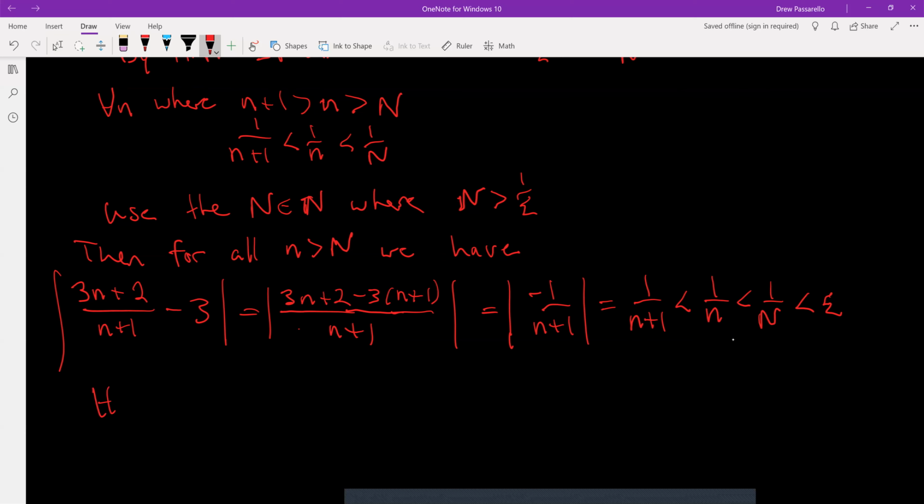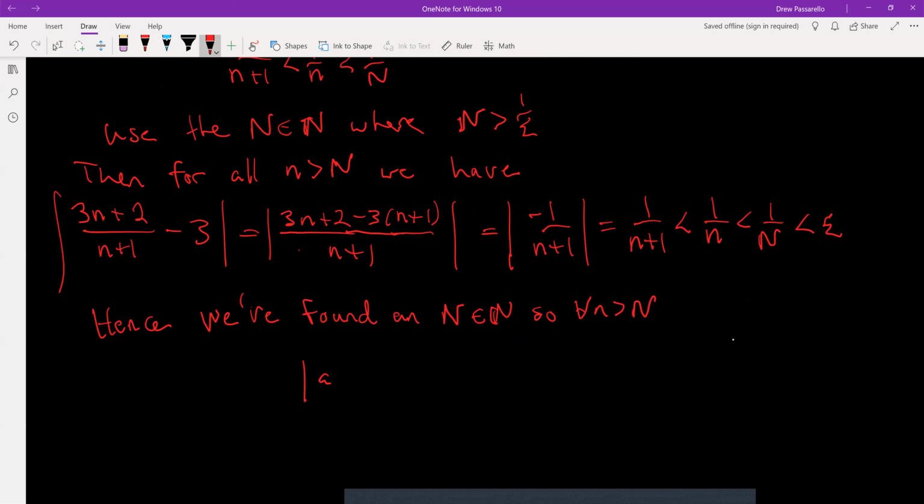So hence, we found an N. So for all little n bigger than capital N, we have that the sequence a_n minus 3 is less than epsilon. All right, so that is the proof.